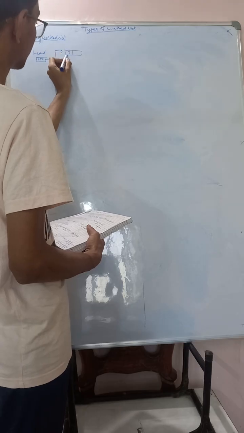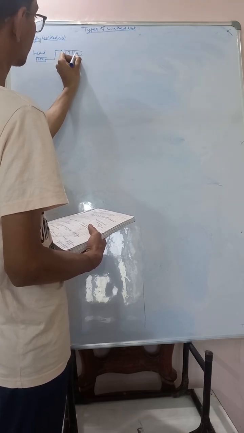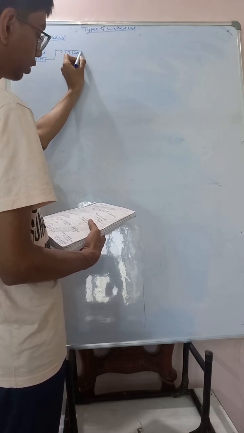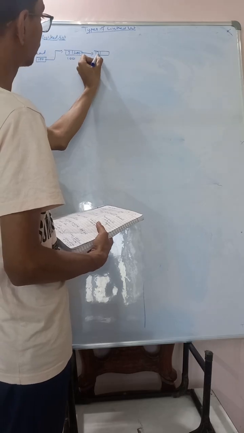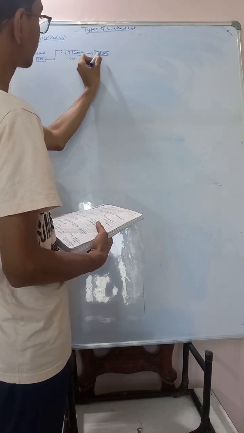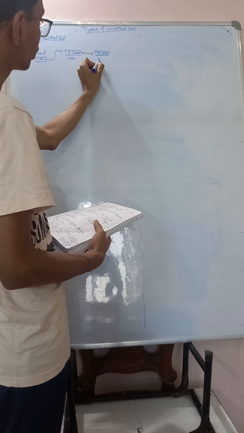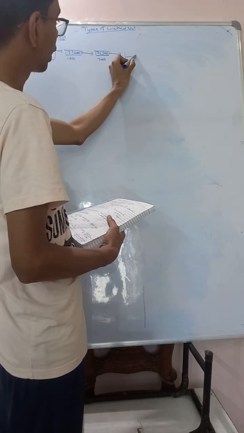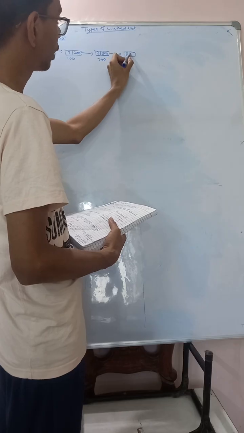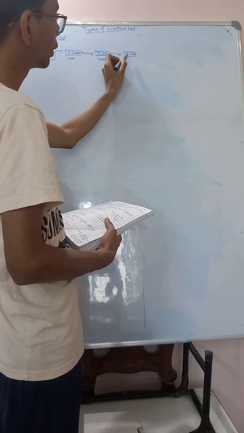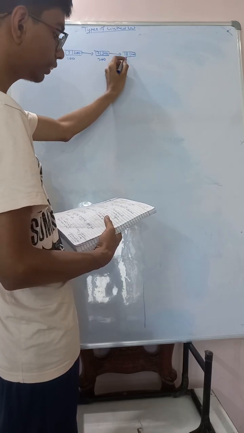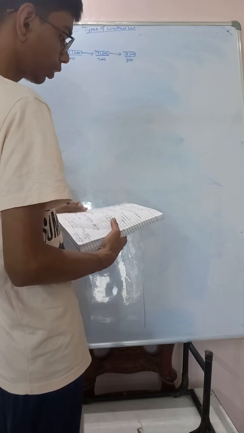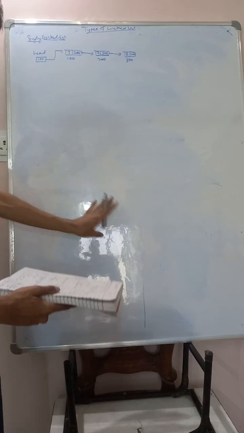Right. It has value, it has its own address, and the next part will point to the next node. Right. It has also its own value, own address, and the next part will point to my next node. Right. And here it is null, determining the end of the linked list. Right. Now representation is simple, that I have discussed here.